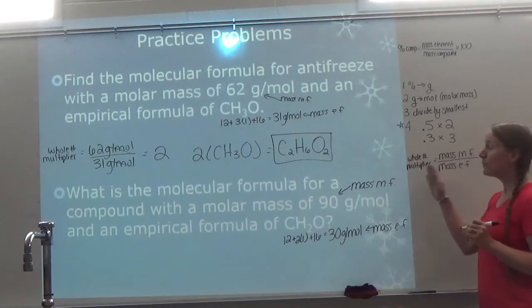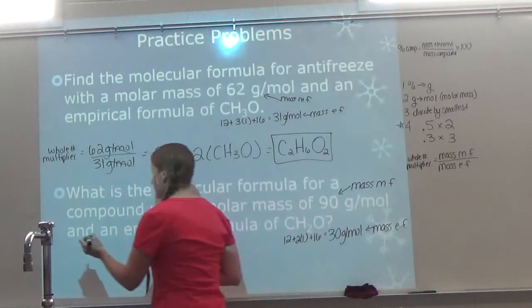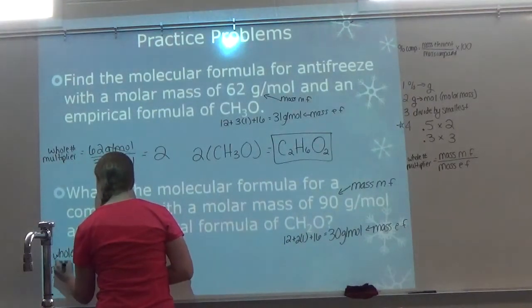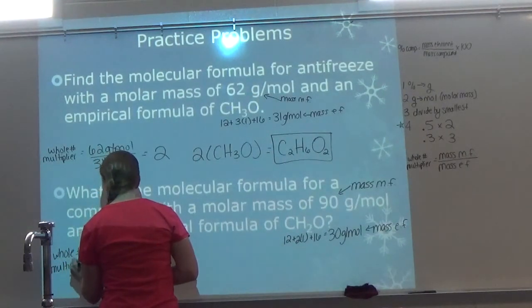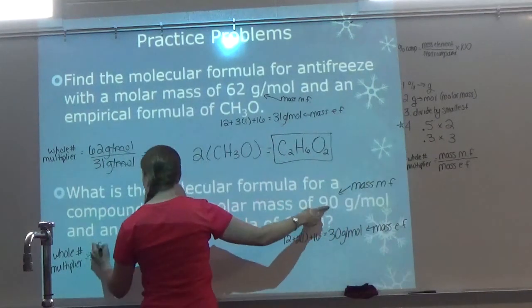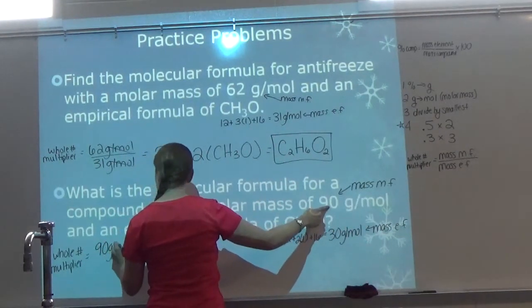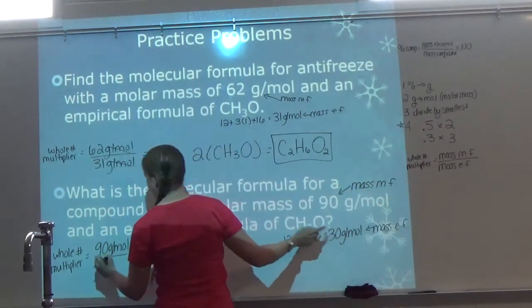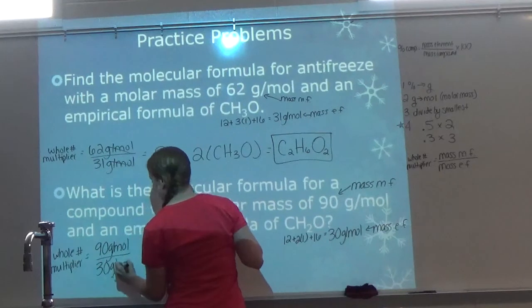All right, so now I'm ready to get my whole number multiplier, which most of you can probably get in your head at this point, which is fine. You don't have to write this step out if you can do it in your head. All right, so it's the mass of the molecular formula, which is 90 grams per mole, over my mass of my empirical formula, which we calculated was 30 grams per mole.